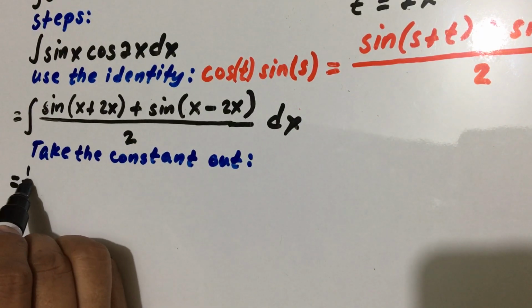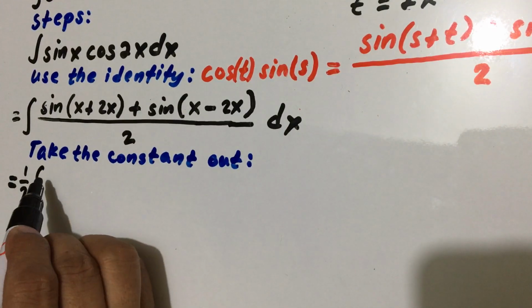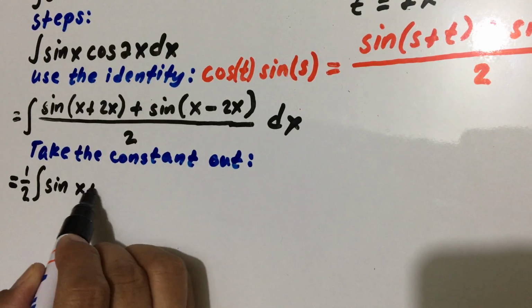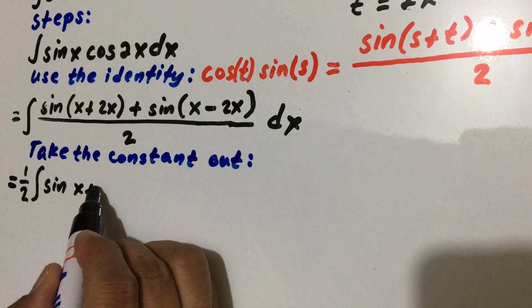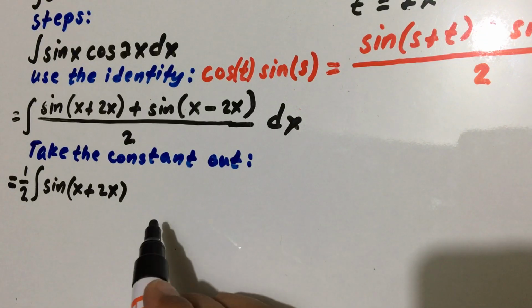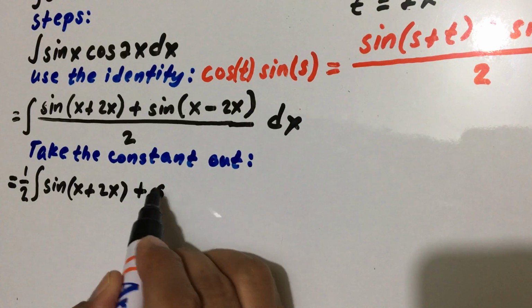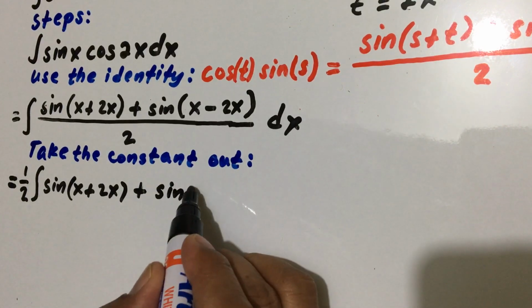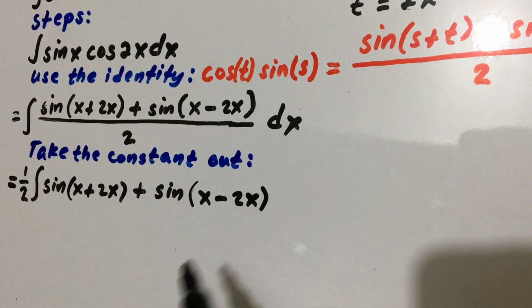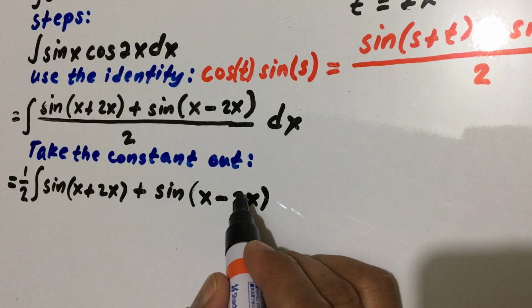So we can rewrite this as 1/2 times the integral of sine(x + 2x) plus sine(x - 2x), then everything is multiplied by dx.